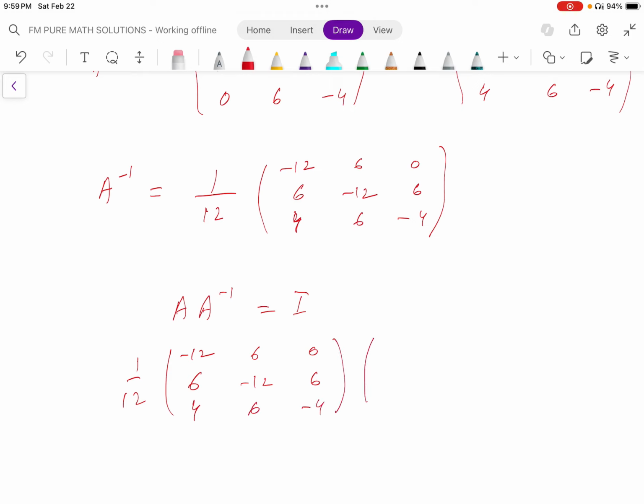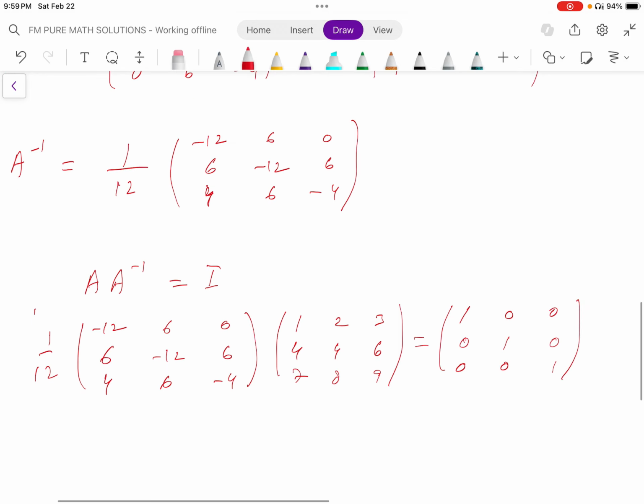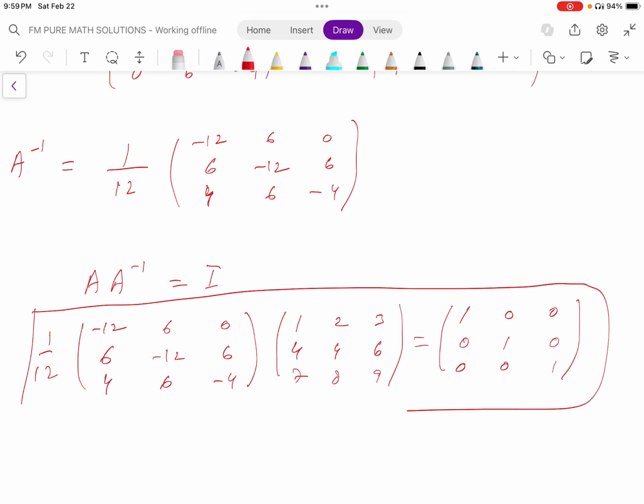If you multiply this with the matrix A, which is 1, 2, 3, 4, 4, 6, 7, 8, 9, your answer must be the identity matrix of order 3 by 3, which is 1, 0, 0, 0, 1, 0, and 0, 0, 1. So I leave this multiplication for you. Please check the answer.